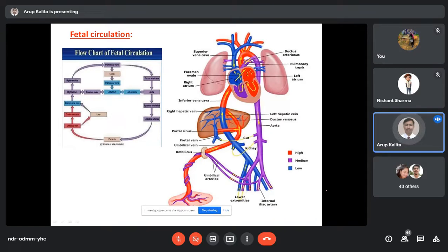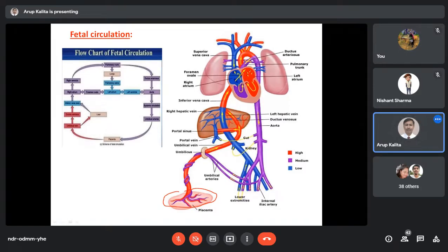So, placenta is the structure which connects mother to the fetus. It involves 2 components, one from the maternal side, another from the fetal side. Mainly the chorion of the fetus is interposed, or goes inside the endometrium of the uterine horn, and connection occurs. In this photograph you see, this is the placenta.